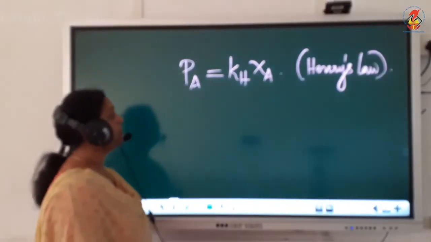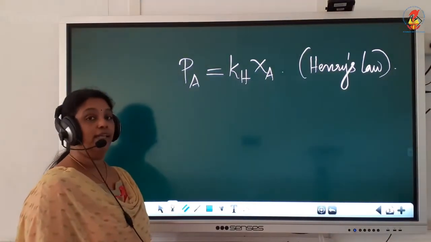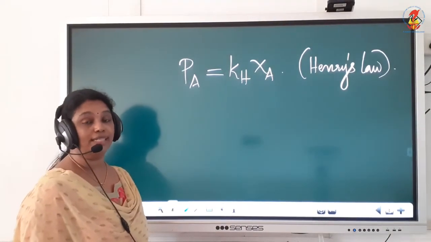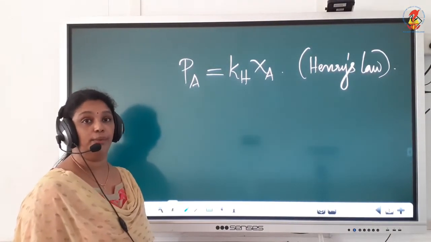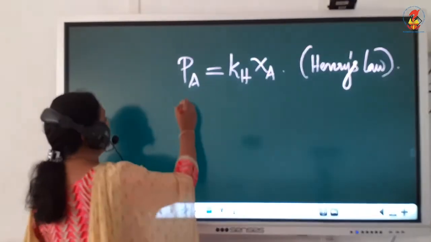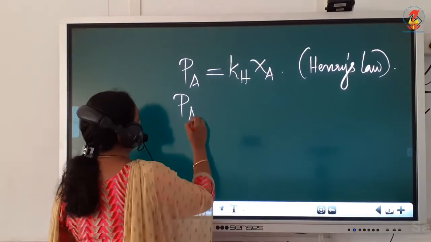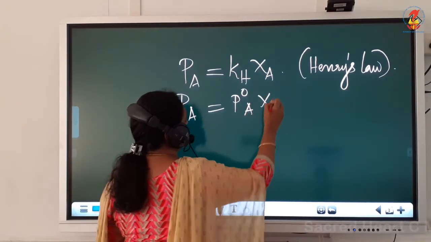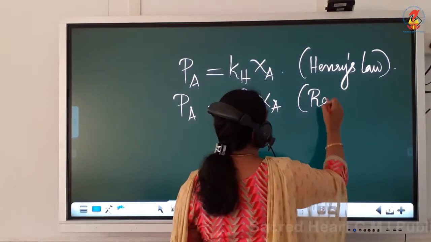So PA is equal to KH into XA. And according to Raoult's law, the partial pressure of a component in liquid state is directly proportional to its mole fraction. So the expression for Raoult's law is PA is equal to P0A into XA.